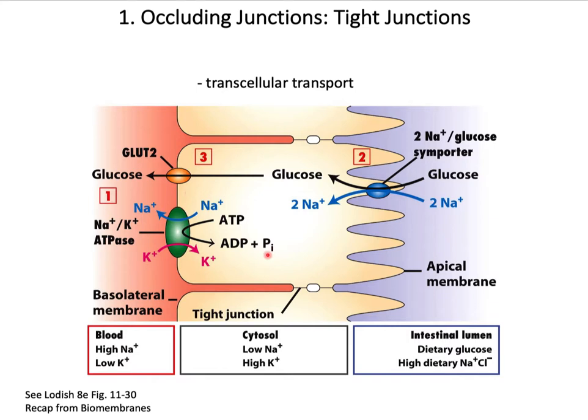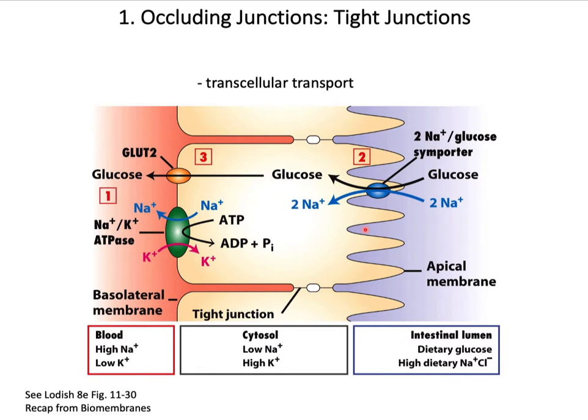Now, the tight junction is very important in this process because imagine what would happen if there were no tight junctions at all in the epithelial layer. You can imagine that the glucose might abnormally flow from the apical side of this epithelium into the basolateral side in between the cells, rather than going through the cell.